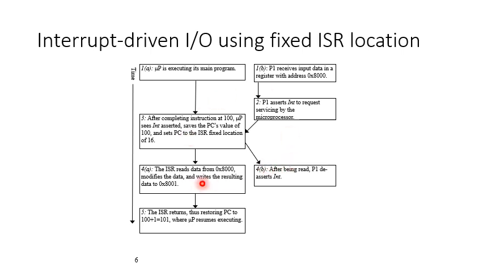In 4A, the interrupt service routine reads data from that register, modifies the data and writes the resulting data to 0x8001. In cycle 4B, after being read, P1 deasserts.